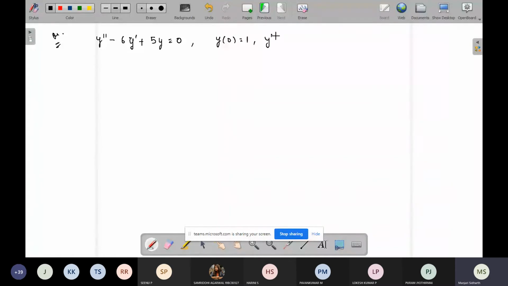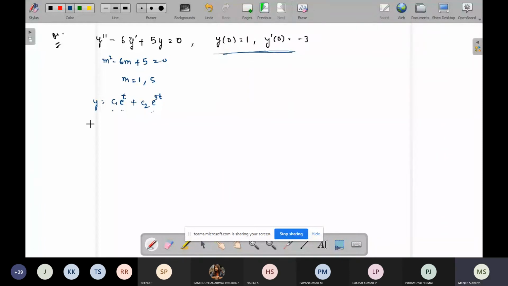y of 0 is 1 and y dash 0 is minus 3. Once you have the constants, if I solve it using that previous method, m square minus 6m plus 5, the auxiliary equation, m equals 1 and 5 are the roots. y is equal to c1 e power t plus c2 e power 5t. You can take x or t, but because we are considering time dependent functions for the Laplace transform, take t. Now the initial conditions are to find these values c1 and c2.